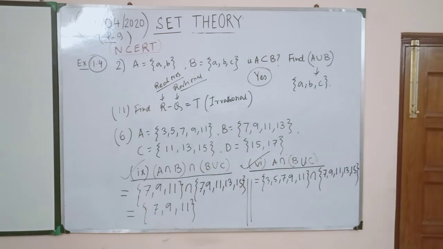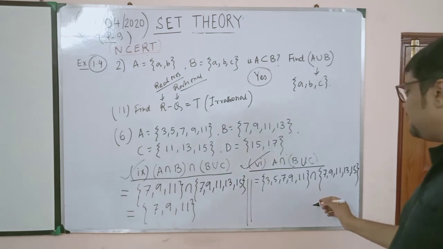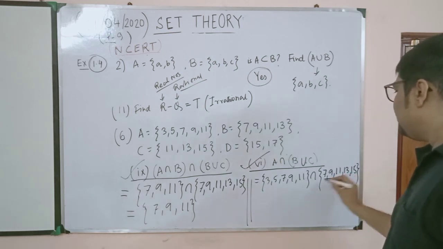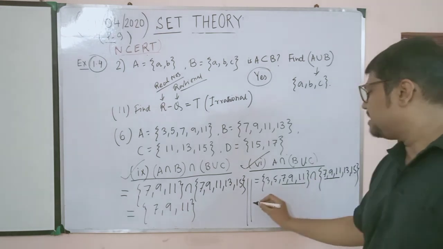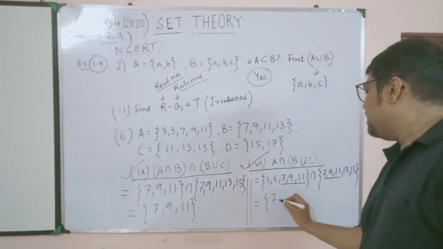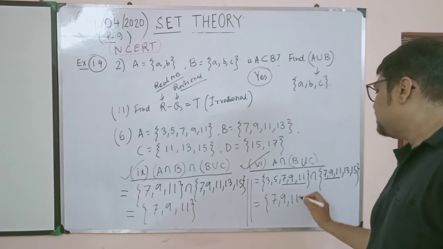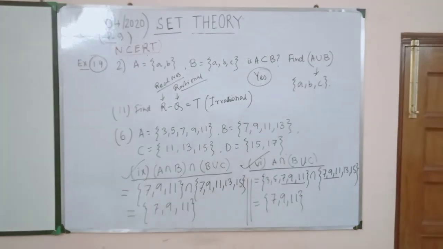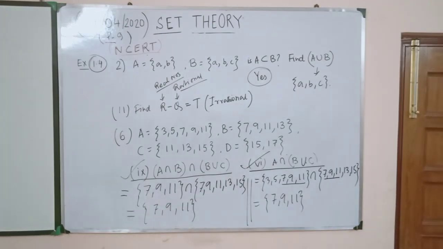So again we need to find the common elements between them. I can easily find that 7, 9, 11 exist in both. So it will be 7, 9, 11 which are the common elements between these two sets. This will be the answer.